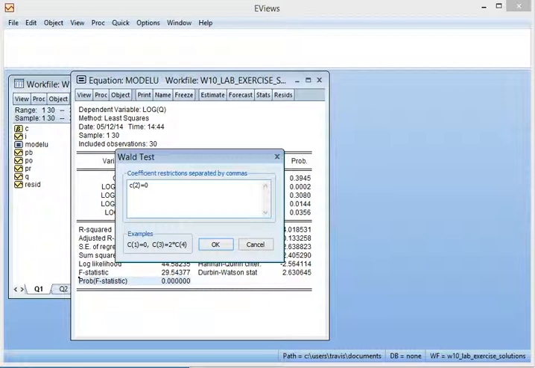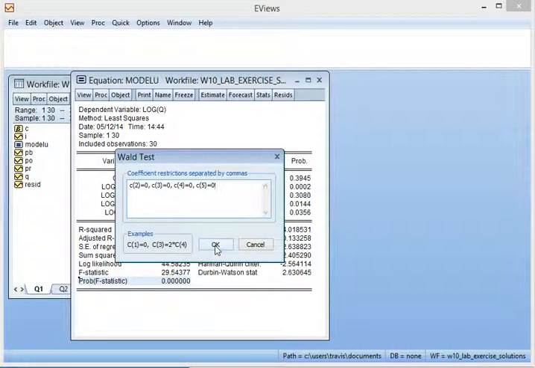So the first restriction is that C2 is equal to 0. For the next restriction, I put a comma and then a space and say C3 is equal to 0, C4 is equal to 0, and we actually have a fourth explanatory variable, which means a fifth regression coefficient when we also consider the intercept coefficient, and that one is assumed to be equal to 0. So there are the restrictions in my null hypothesis, that all of the slope coefficients are equal to 0.